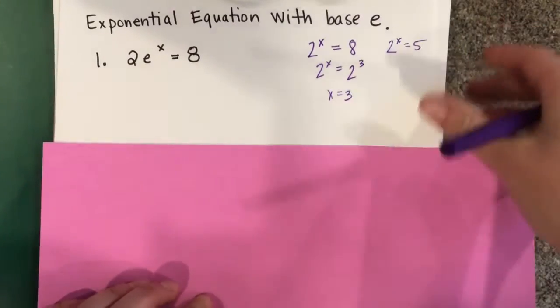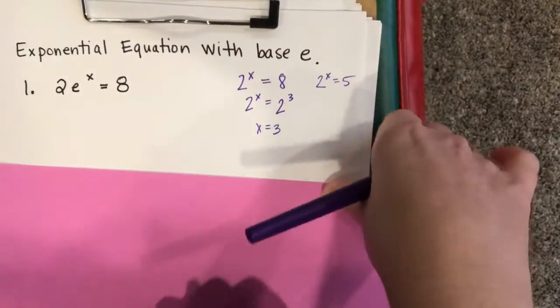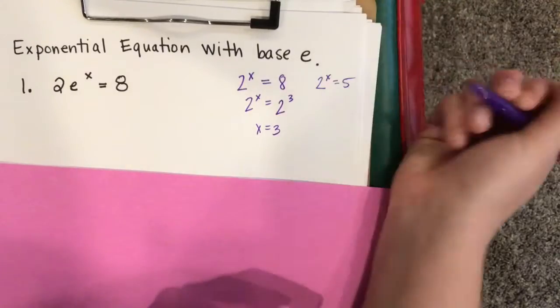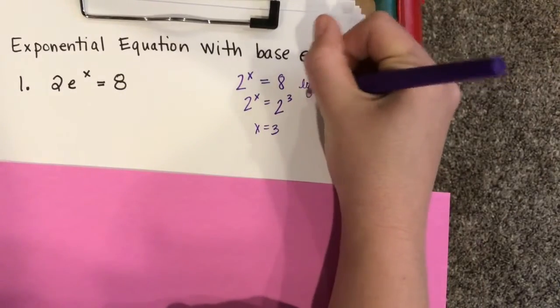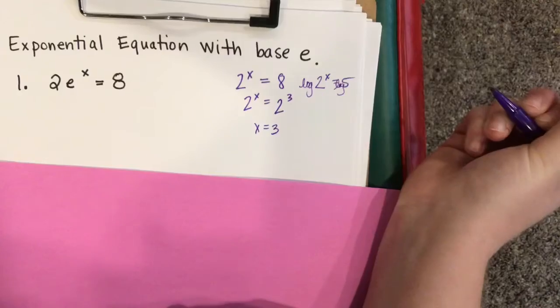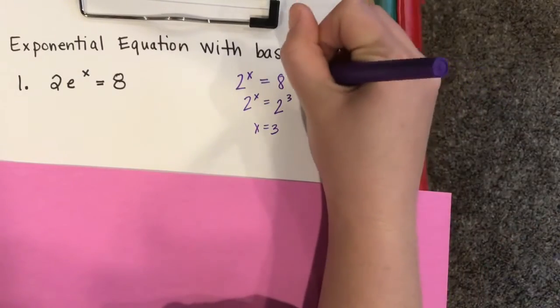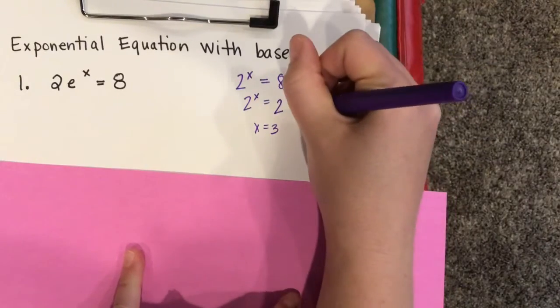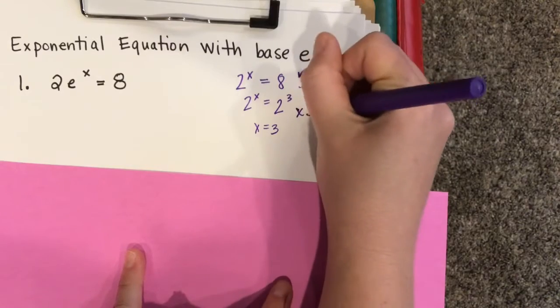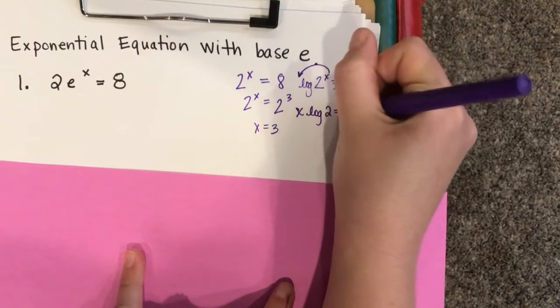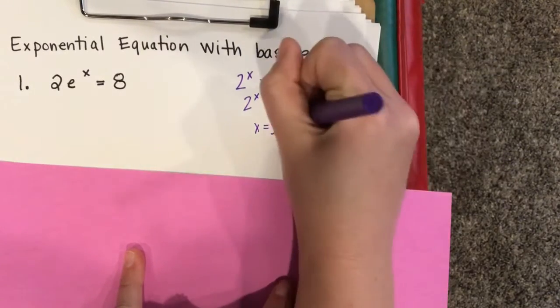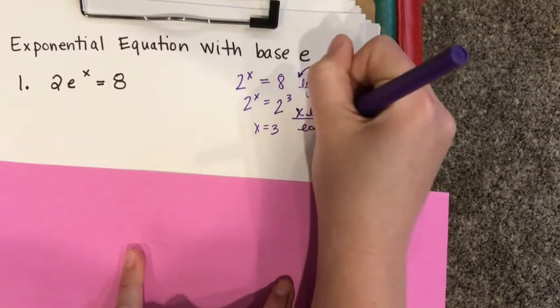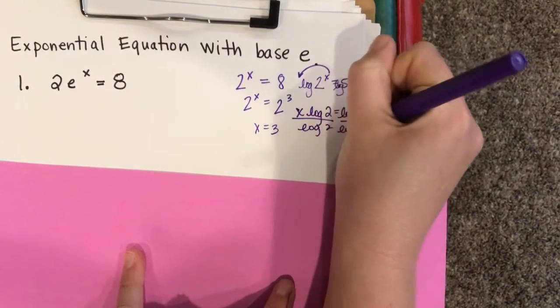What you could do here is take the log of both sides, move the x, so we end up with x log of 2 equals log of 5, and then divide both sides by log of 2.